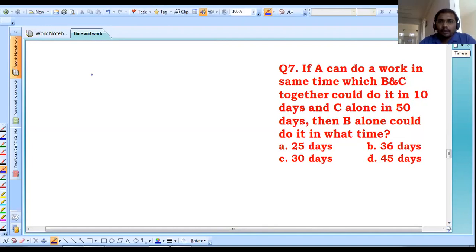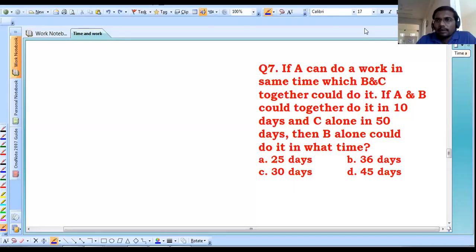Right. So, next question. A can do a work in the same time as B and C together. Small correction regarding this question: A can do a work in the same time which B and C together could do it.